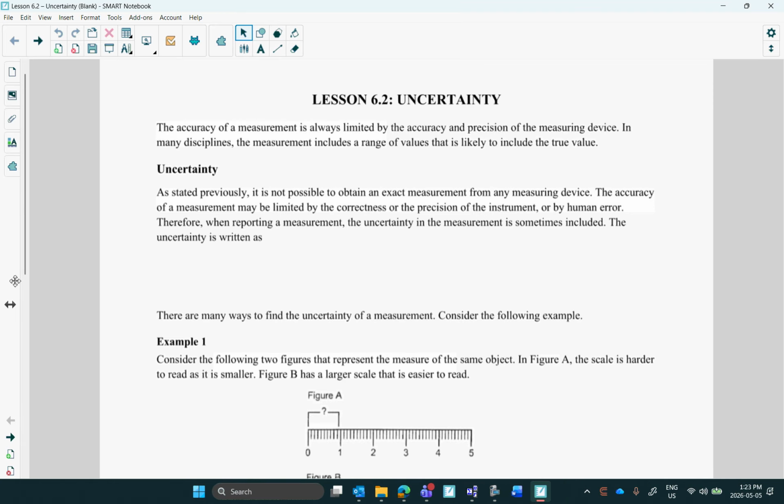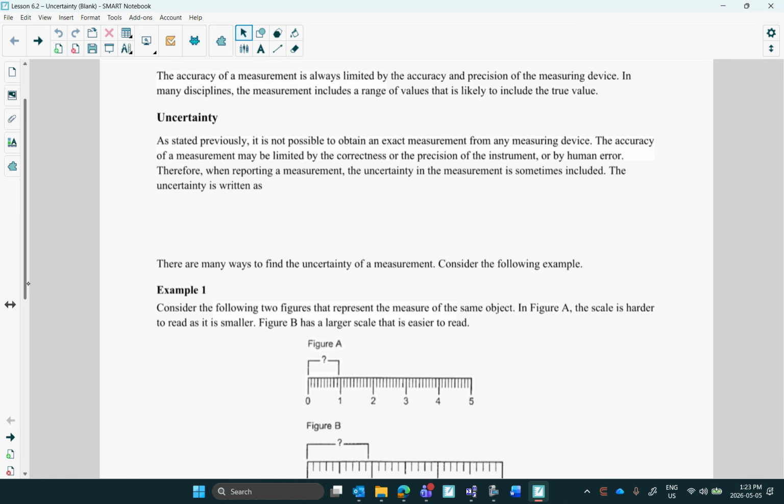So because we can't obtain an exact measurement from any measuring device, we usually want to incorporate some uncertainty with our measurement. And we generally do it like this. When you take a measurement, you write your measured value. I mean, that's nothing new.